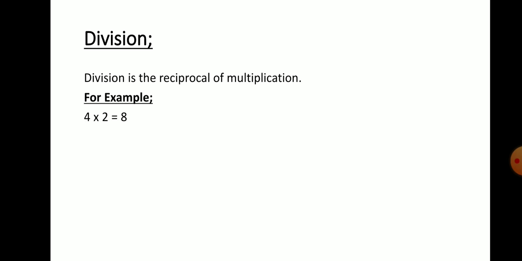So if you divide this 8 by either of these two numbers, you'll get the other number as the answer. For example, if you divide 8 by 2, you'll get 4. And if you divide 8 by 4, you'll get 2. That is why we said that division is the reciprocal of multiplication.